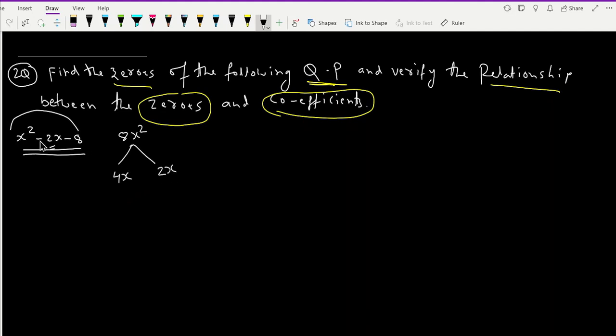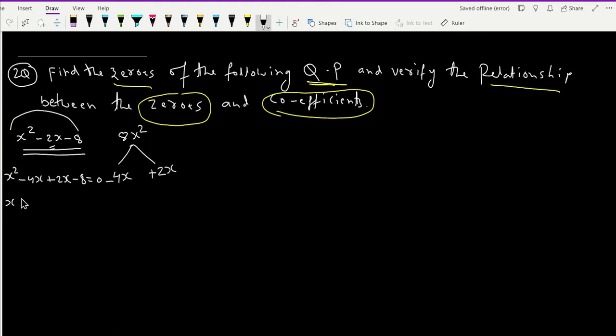Remember here, as I am having minus here, I will take the greater number minus and the smaller number plus 2x. So now I will remove this minus 2x. Instead of this, I will be writing minus 4x plus 2x. So I will write x square minus 4x plus 2x minus 8 is equal to 0.